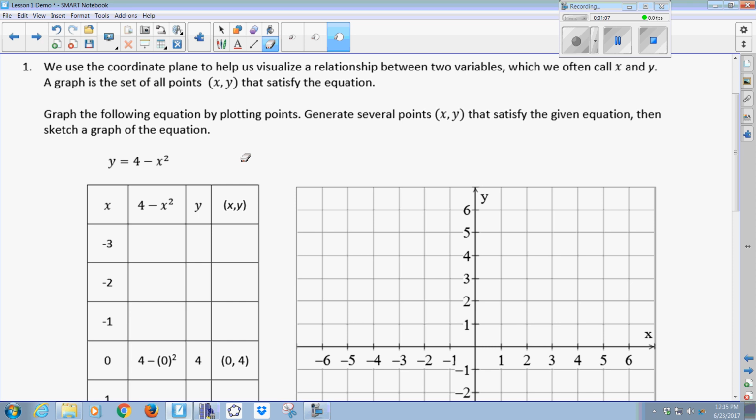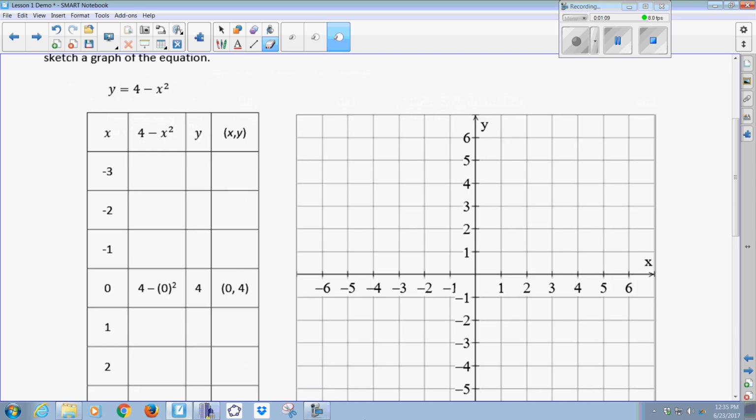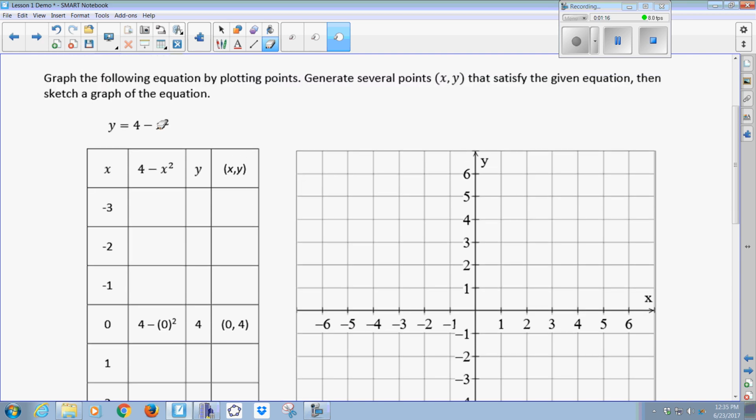But in this case, I figured if I gave you these 7 values for x, we'd have a pretty good idea of what the shape of this graph is. I'm sure some of you, because of your previous algebra background, already have a good idea of what shape the graph is going to have.